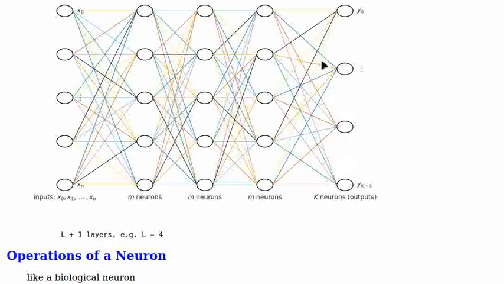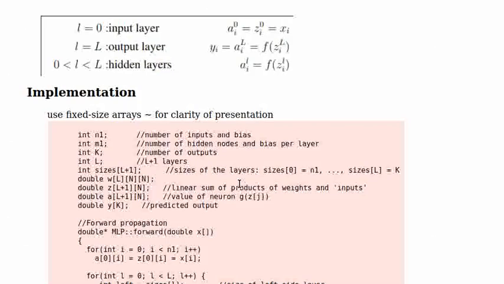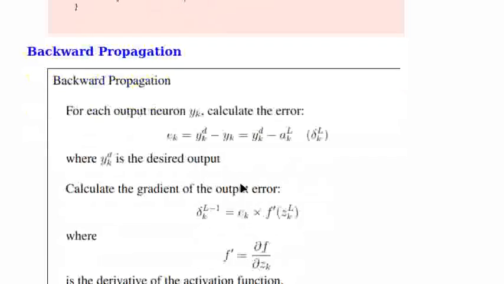The adjustment of the weights will cause error in the previous stage. So we again use the error to adjust the weights of the previous stage and so on. And this is called backward propagation.